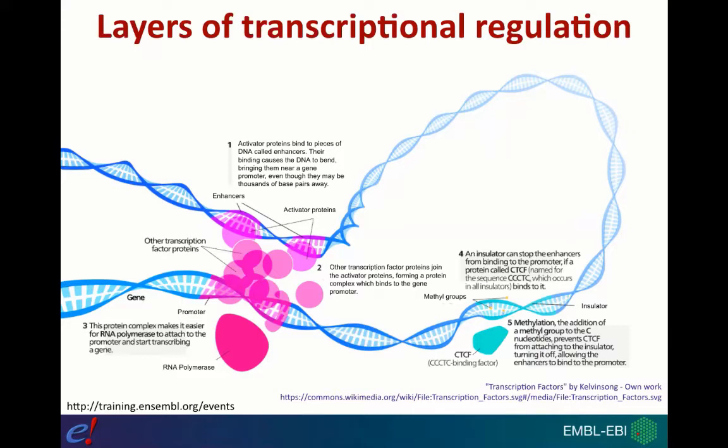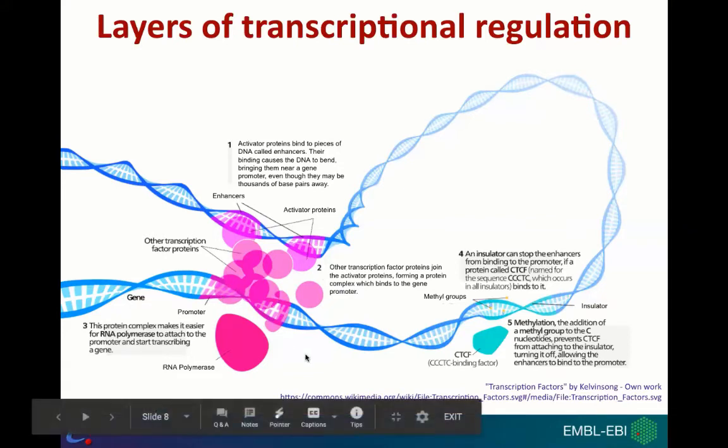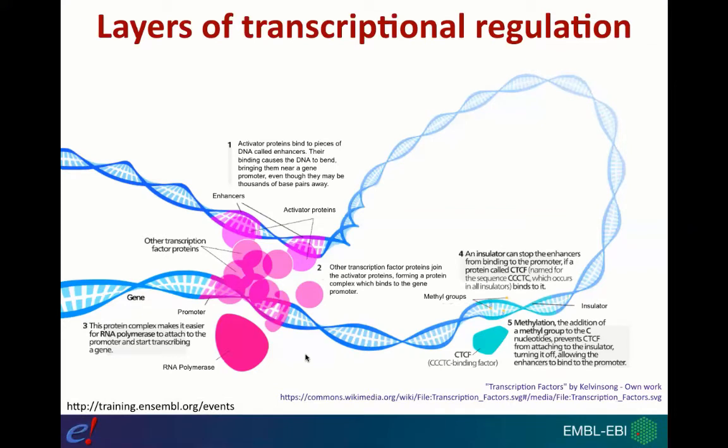That transcription factor complex will recruit RNA polymerase, which is the machine that actually transcribes the mRNA itself. So it's the importance of the sequence of the DNA within the promoter region that is responsible for recruiting these proteins.